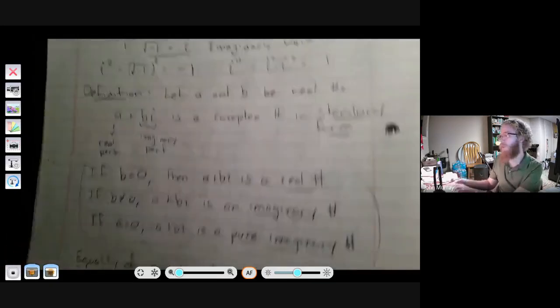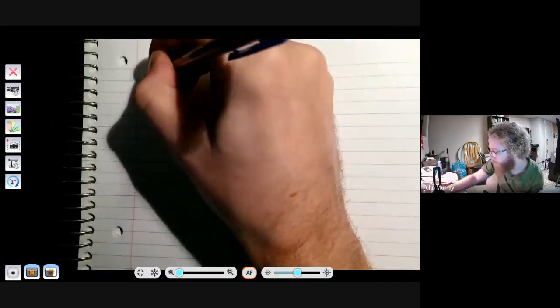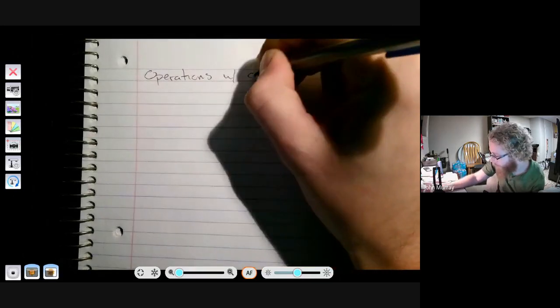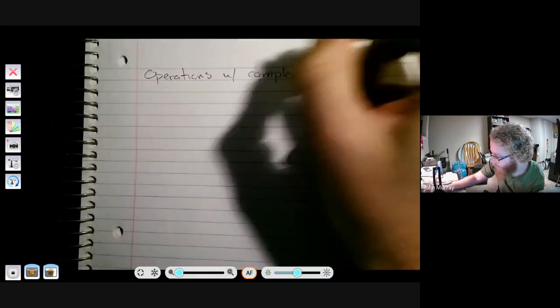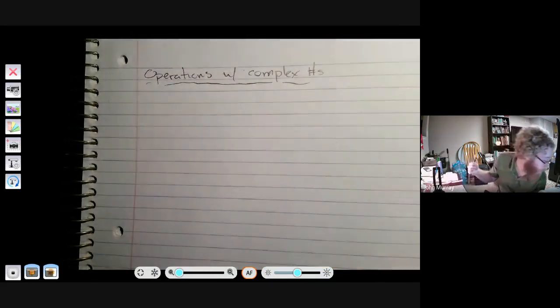Okay, so now some of this stuff you may remember, hopefully, from last year. Right, and these are basic operations with complex numbers.